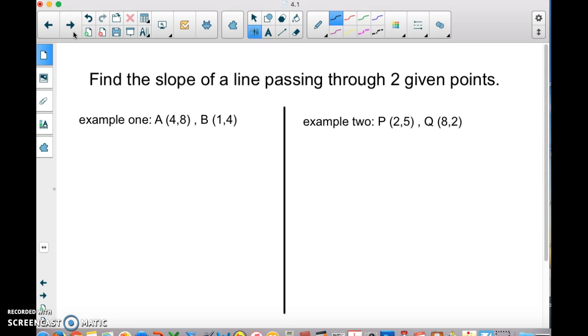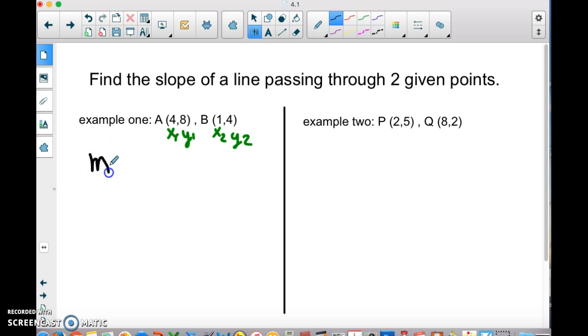First, we want to find the slope of a line that passes through 2 given points. So in example 1, I'm just going to label the x and the y so we can see. We'll call this x1, y1, and x2, y2. And then we can plug into our formula. So let's remind ourselves of the formula.